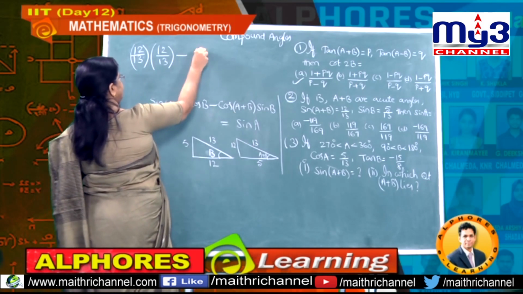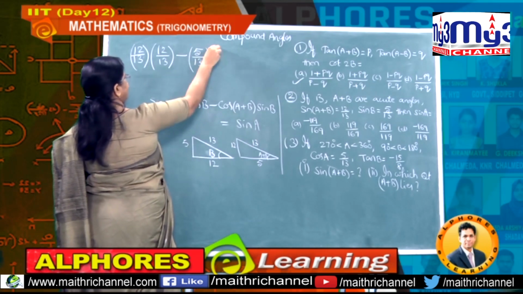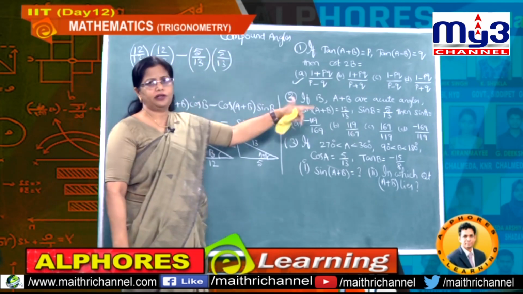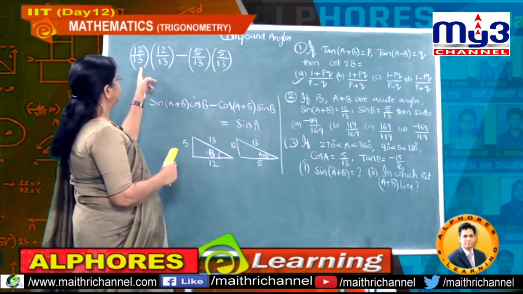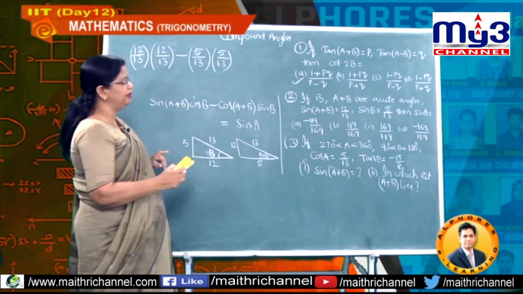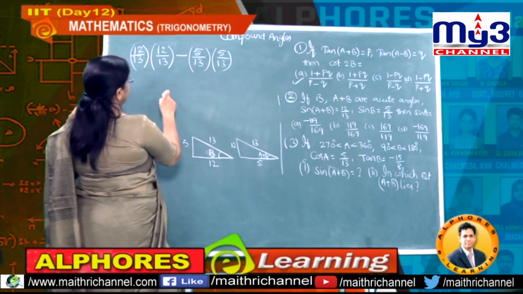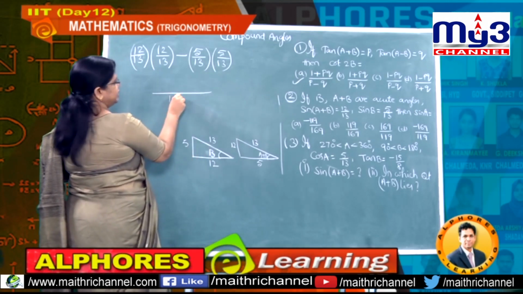So we are substituting all the values without any sign problem, because they said those are acute angles. Now what is the denominator here? Same denominator, that is nothing but 13 square, so 169.